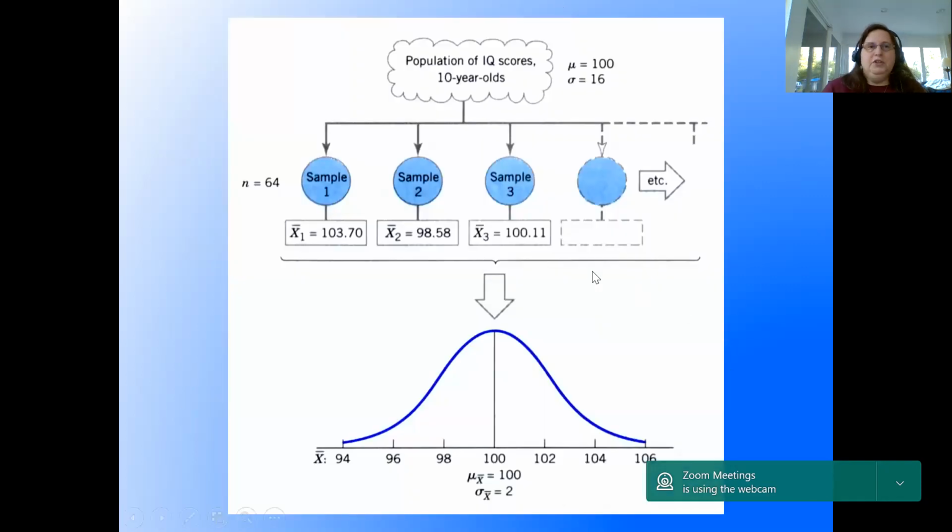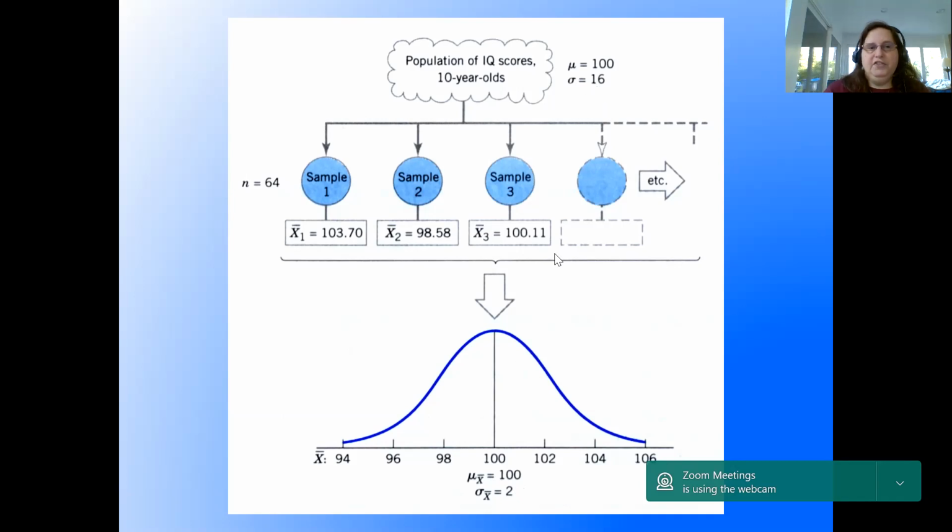And so once again, we look back to our population of IQ scores in the 10-year-olds, and we remember how this frequency distribution came to be. I point this out because I want to show you how, whereas the mean is 100 up here for our regular population of IQ scores, the mean is also 100 for the sampling distribution of means, whereas this is 16.